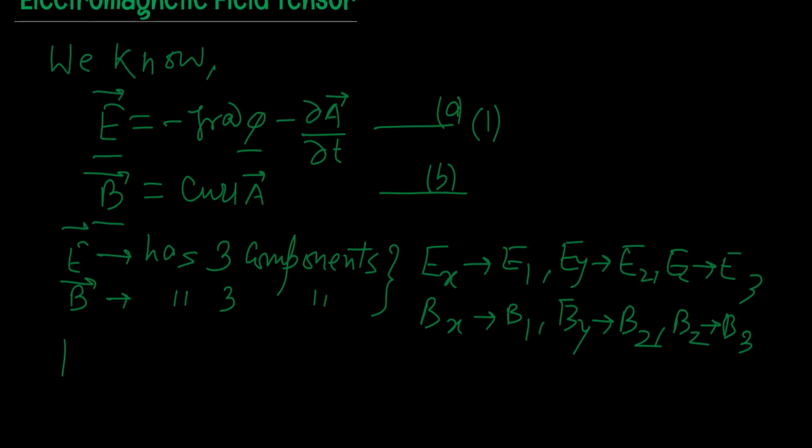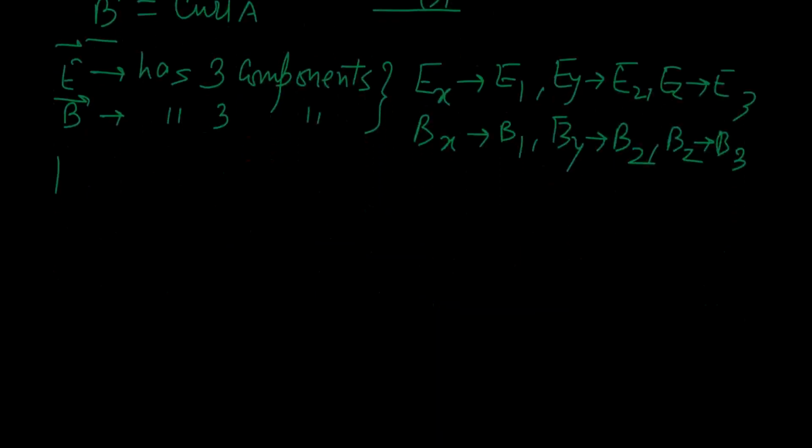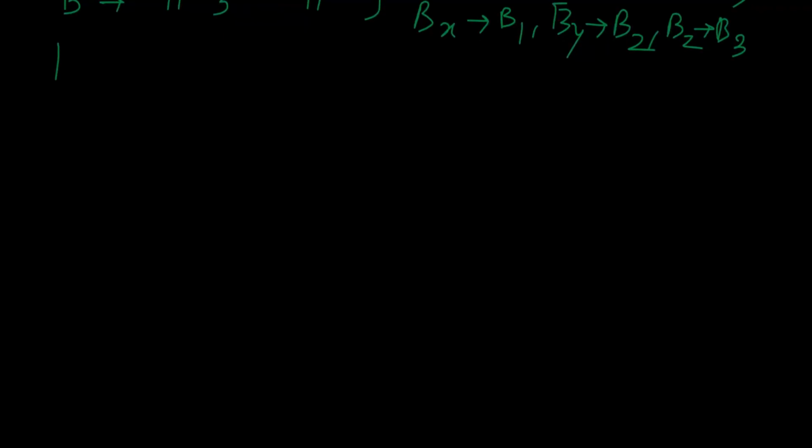There will be a large number of equations, so I use this particular equation number A or B. So we consider 2 equations in one, that is 1A and 1B. Now, in terms of the scalar components of vectors E and B, we want to write equation 1A and equation 1B.